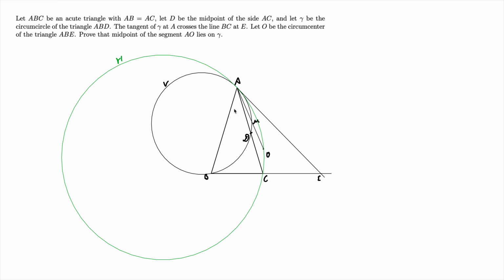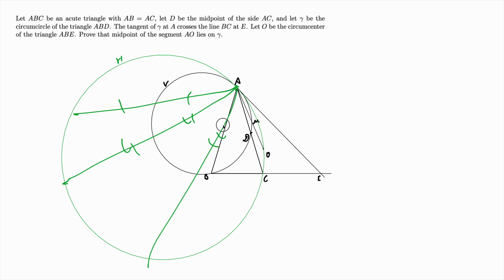Gamma prime is the image of the homothety of gamma from point A with a factor of 2. So we're going to expand this distance twice. So like this, they're the same. This, they're the same.